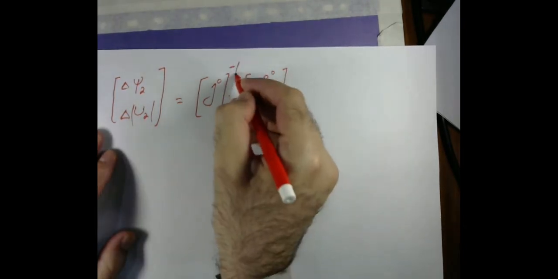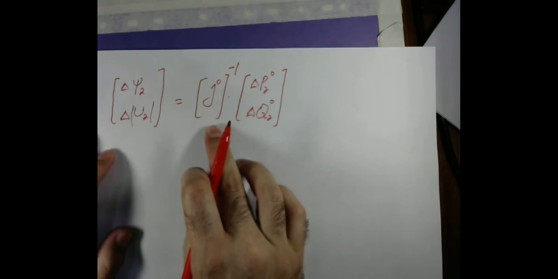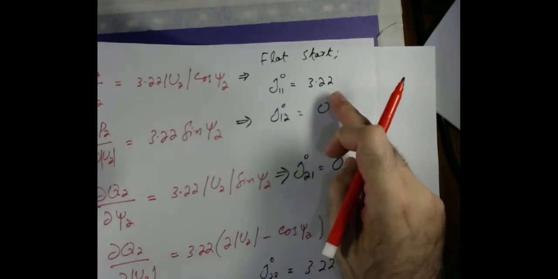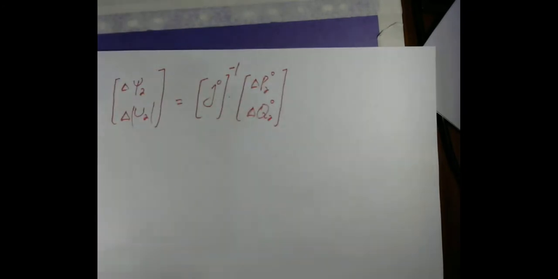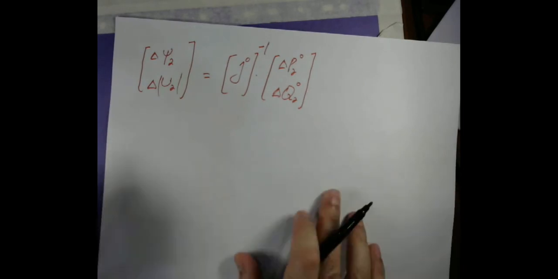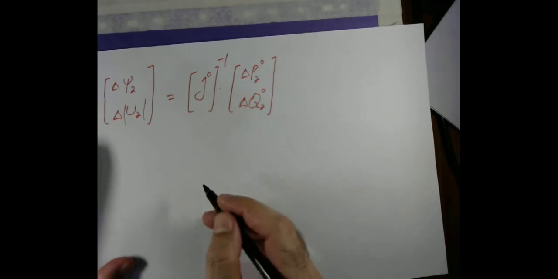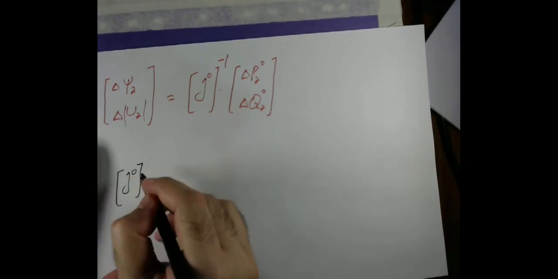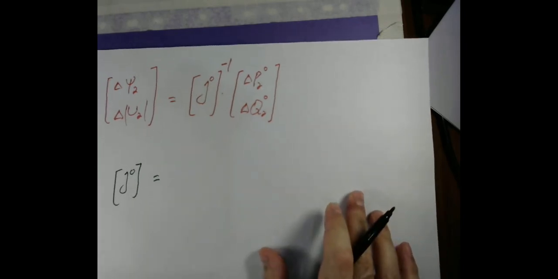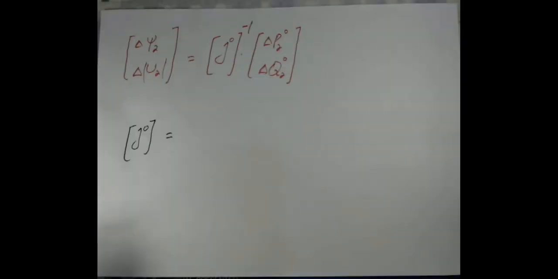So we have to take the inverse of the Jacobian matrix. We know the entries, which are 3.22, 0, and 3.22. Let me first write the Jacobian matrix, and then I will take the Jacobian inverse.